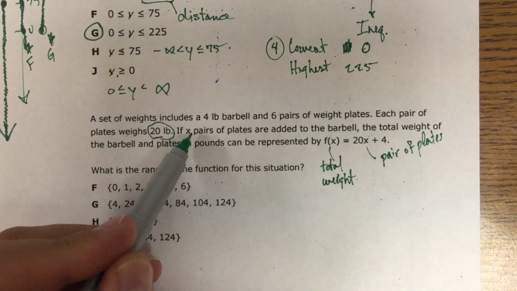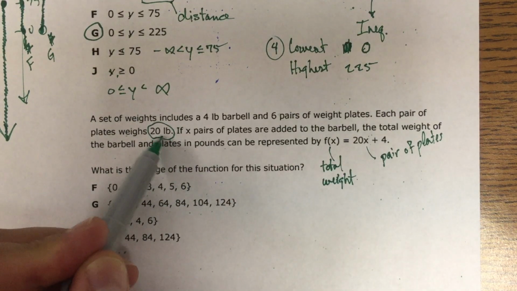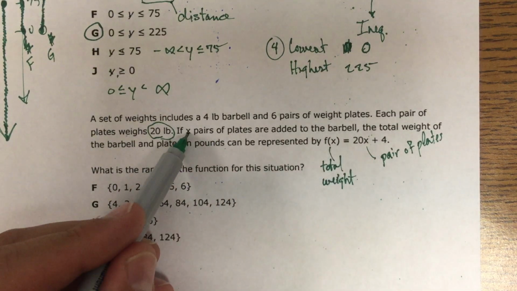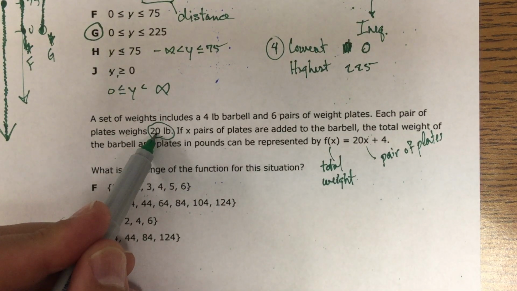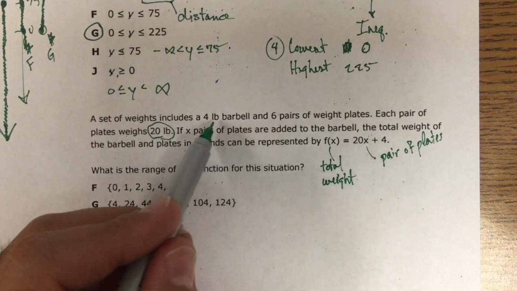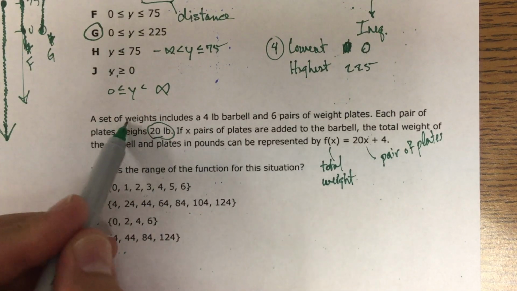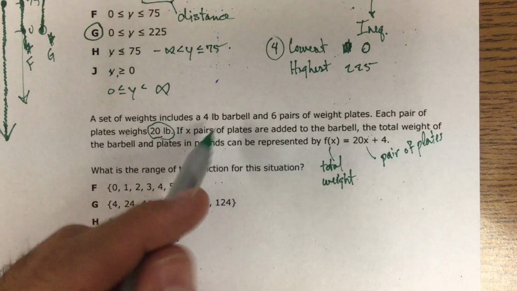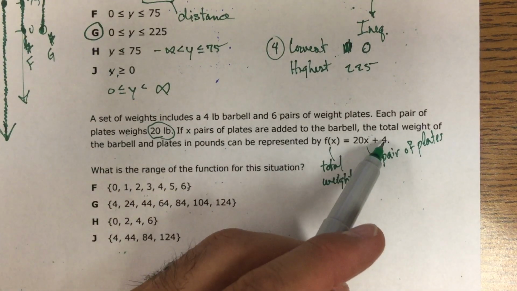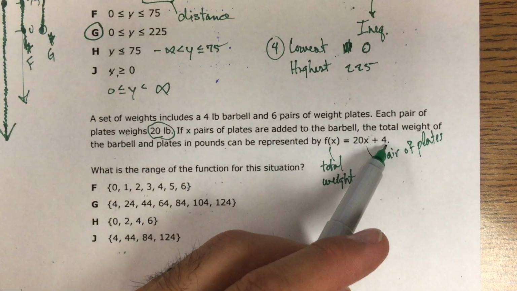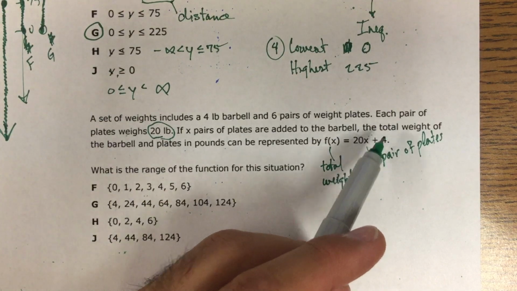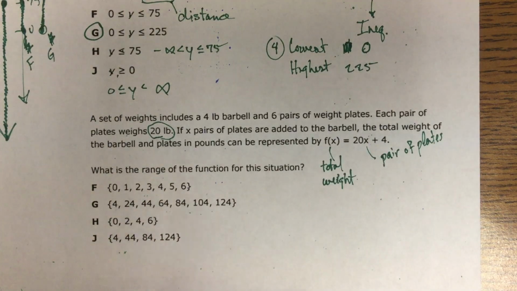So for each pair of plates that I put on, I'm putting on 20 pounds. That's why these are connected together. So if I put on 3 plates, 3 times 20 is 60, so it's going to be 60 pounds. And then the barbell itself, the bar that you put the plates on, that's 4 pounds. So that always has to be there because you're always lifting at least the bar. Okay, so those are all the parts of the equation.